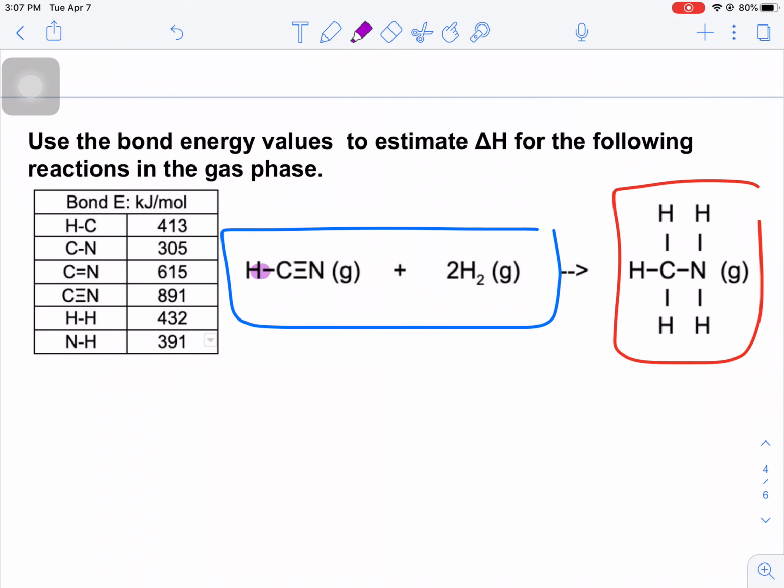Quick little hint, this carbon-hydrogen single bond is not technically going to be made or broken. You can leave that out of the equation, but you are going to break this carbon-nitrogen single bond. You are going to break 2 moles of hydrogen-hydrogen single bonds, and then you're going to make 2 moles of carbon-hydrogen single bonds, and you're going to make 2 moles of nitrogen-hydrogen single bonds.